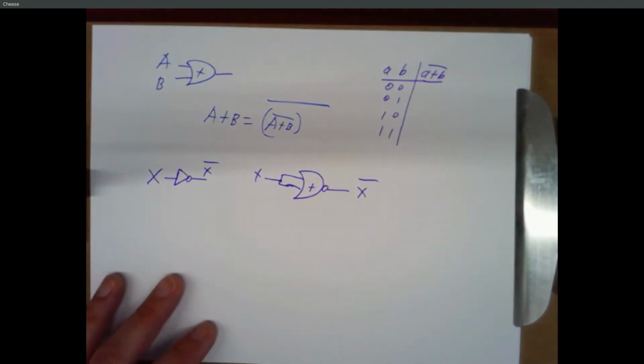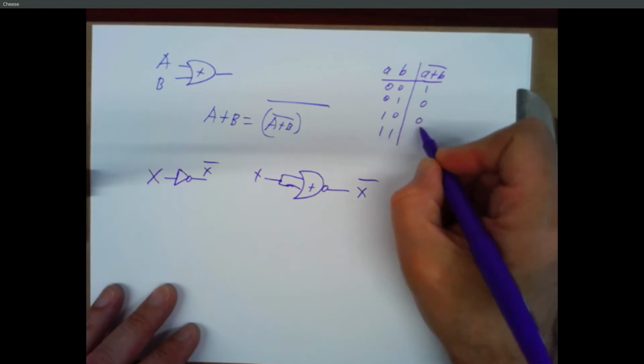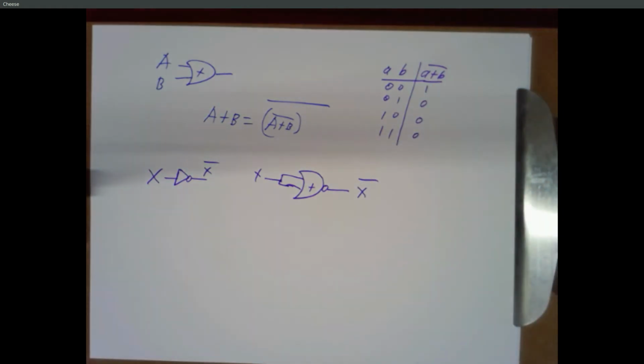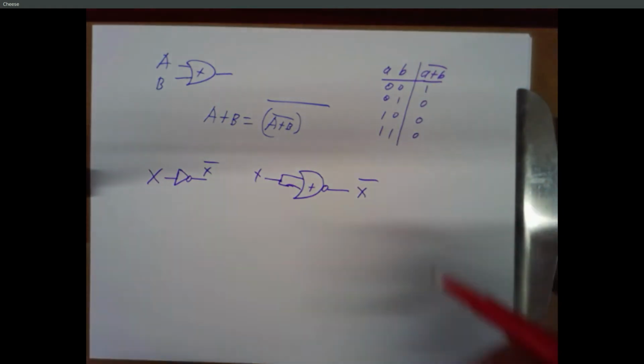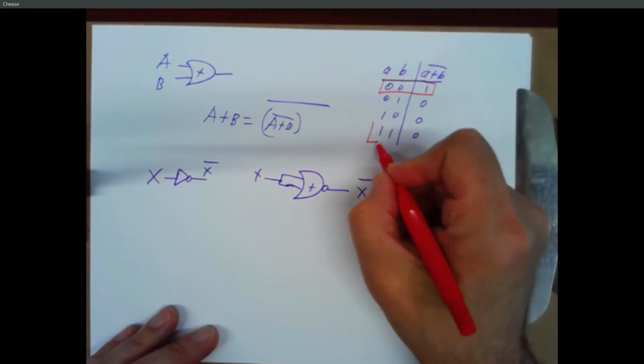So what's a NOR? It's just the opposite of an OR. So it's a 1 if both inputs are 0, and it's a 0 in every other case. Well, if we tie our inputs together, all we care about is the case where A and B are both 0, or A and B are both 1.